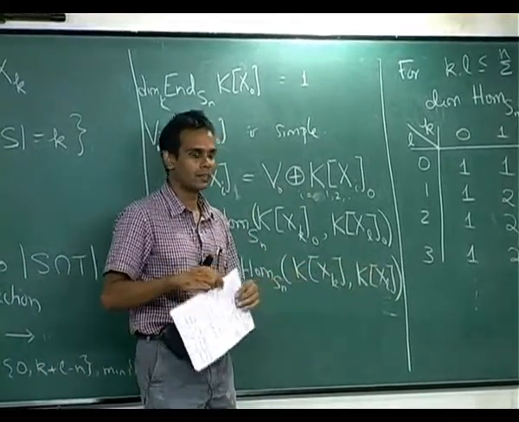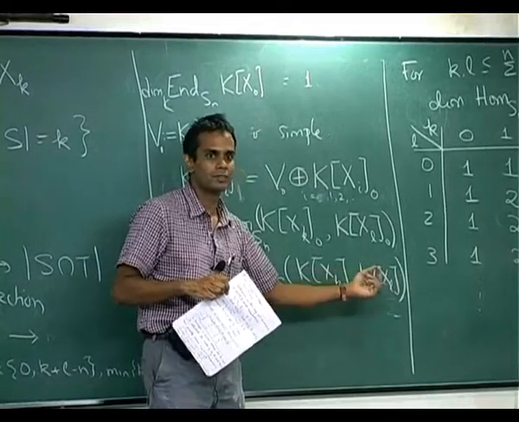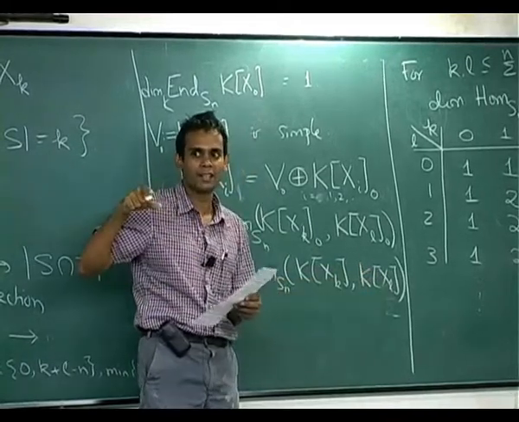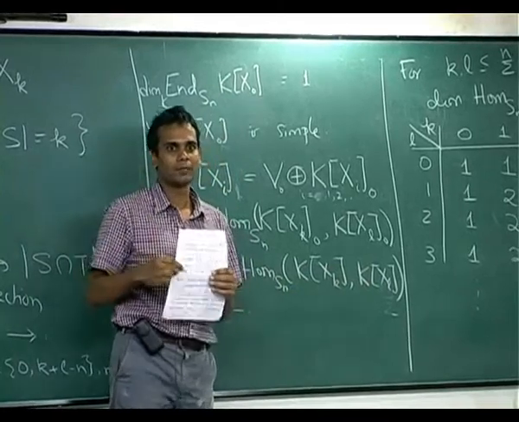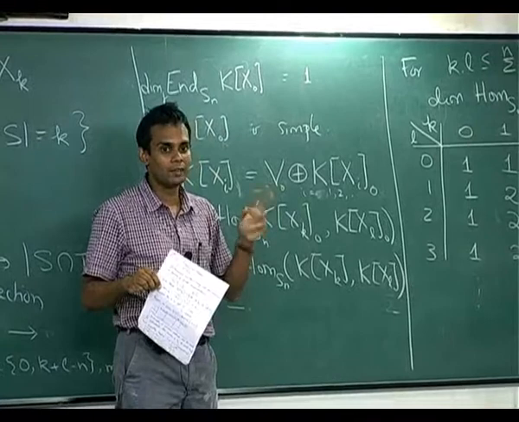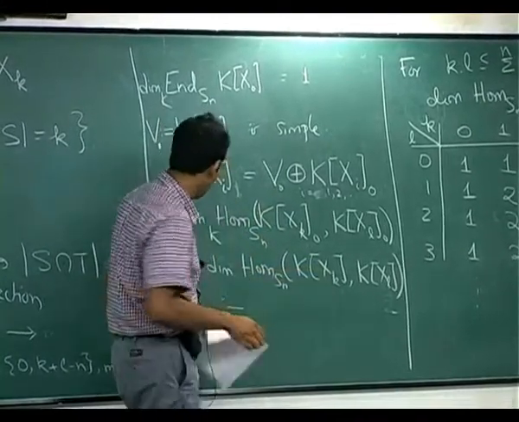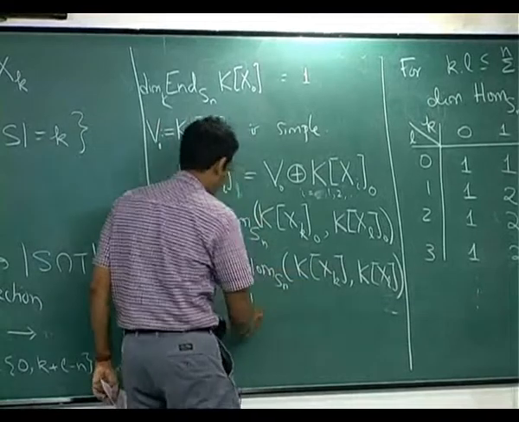So when you take the formula for the homomorphisms from here to here, it's the summation of m_i n_i, where m_i and n_i are the multiplicities in the first one and the second one. So m0 and n0 are both 1. So the contribution is just 1. So I must subtract 1.